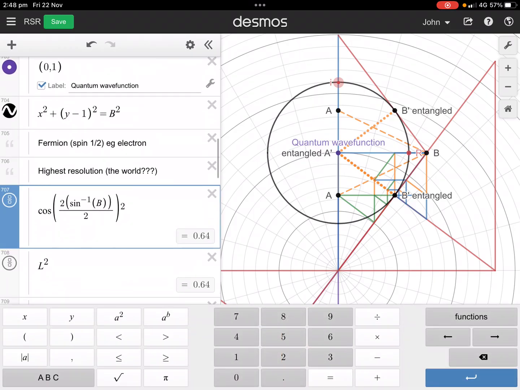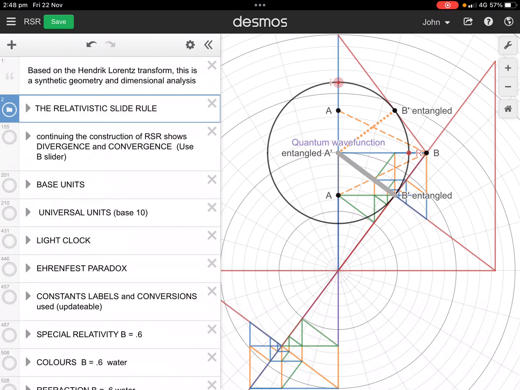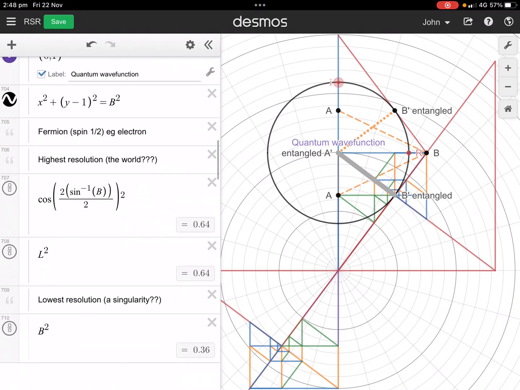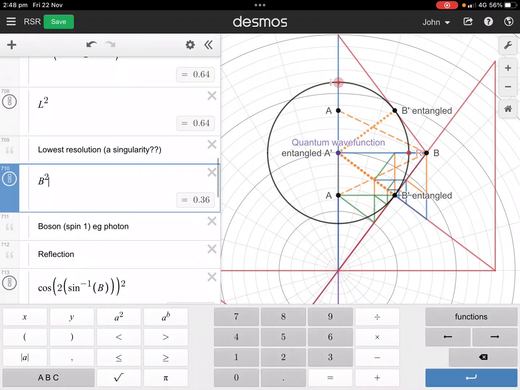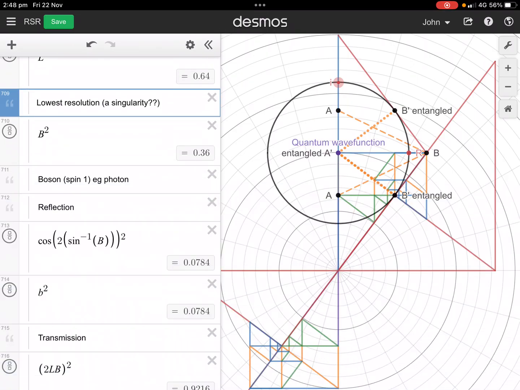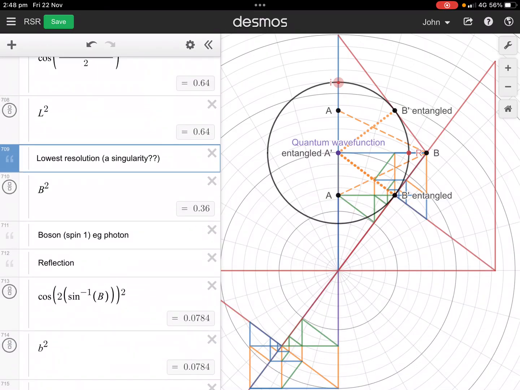So this is the probability of a fermion collapsing. Highest resolution, that would be, if you think about the holographic principle, 64% probability of that collapsing at that. And this one's a speculation about collapsing the other way, a 36% probability, and that singularity. I'm speculating it could actually be the self or consciousness, a conscious event maybe.